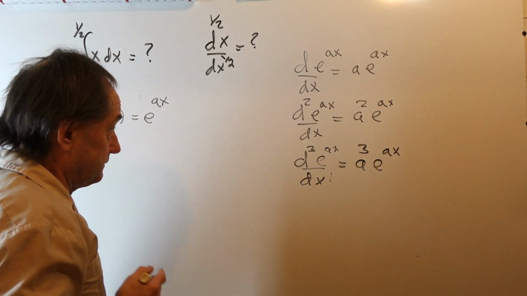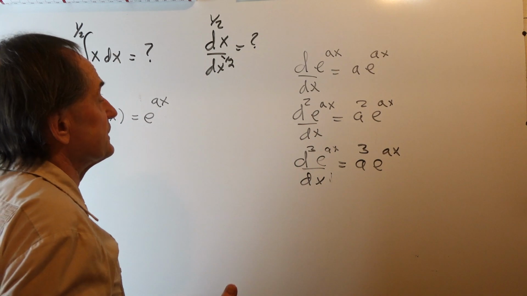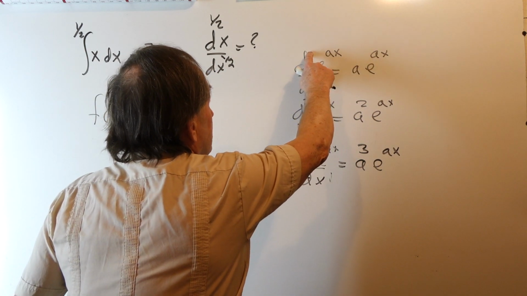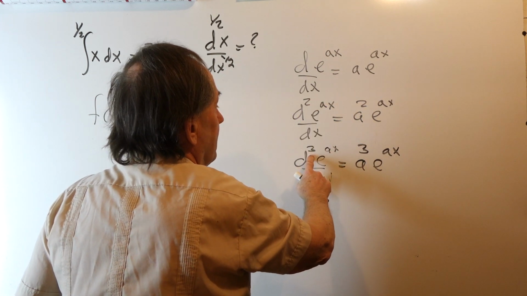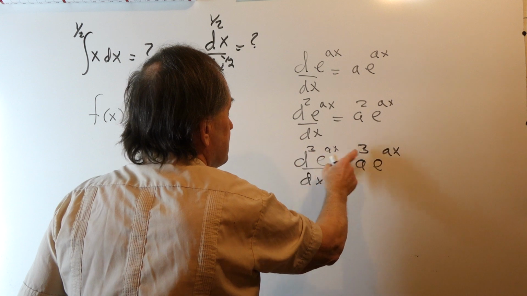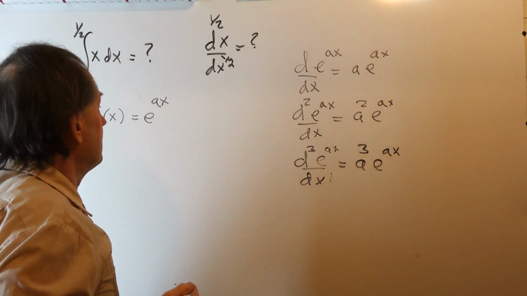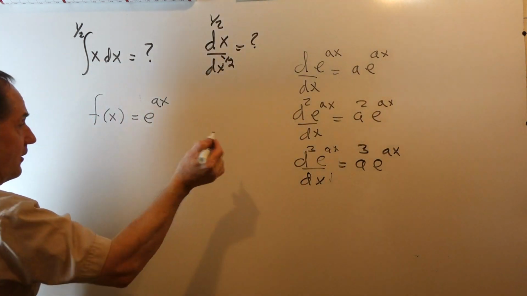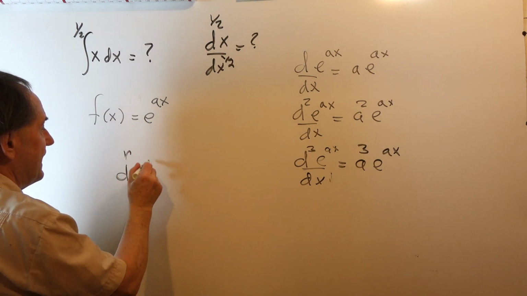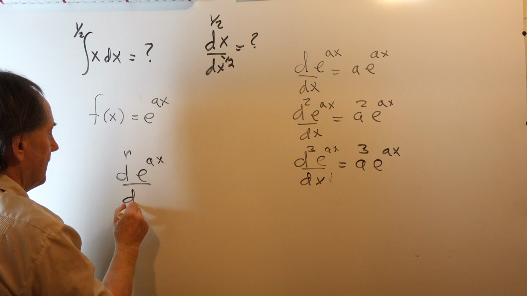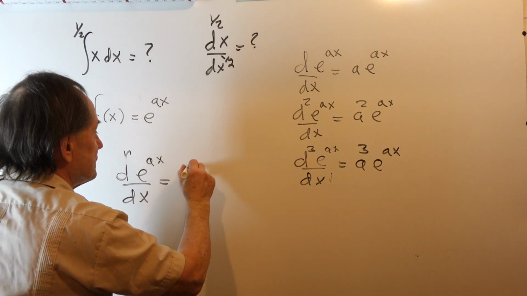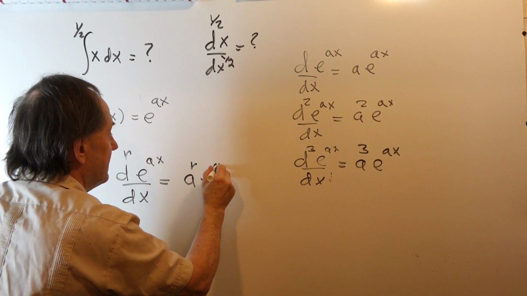Well, the argument that's used in this approach is to say, for each order of the derivative, we get a to the exponent that's the same as the order. So why don't we define the rth derivative of e to the ax in this manner? Why don't we just say the rth derivative of e to the ax is just a to the r e to the ax?